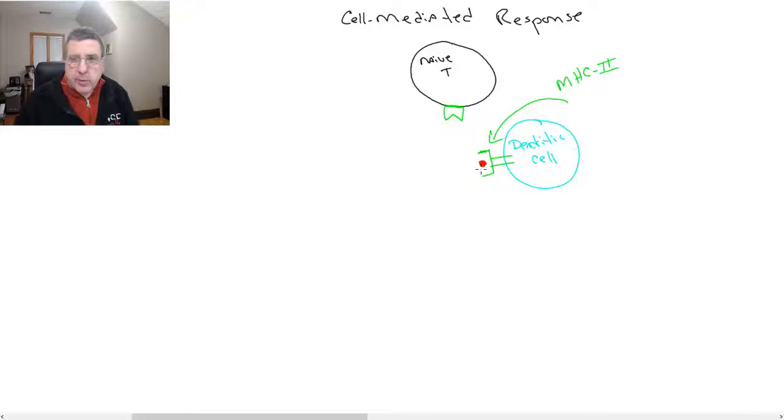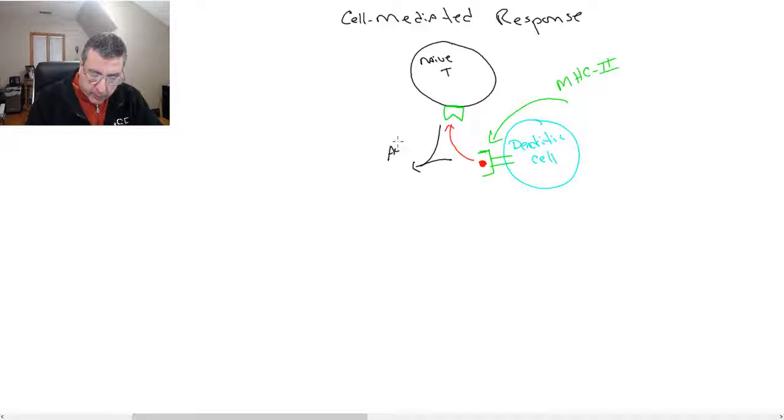So this naive T cell will bind with this component, and in this process, it will activate. We've got other chemicals that help activate, interleukin and so on. Don't worry about those. This will actually lead to its activation.